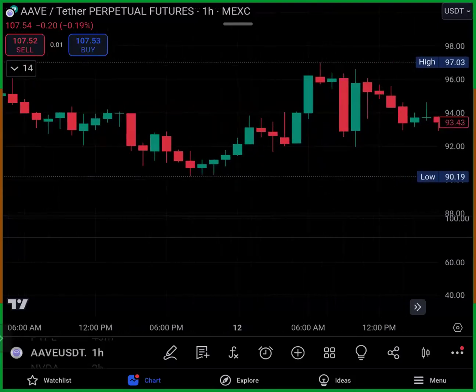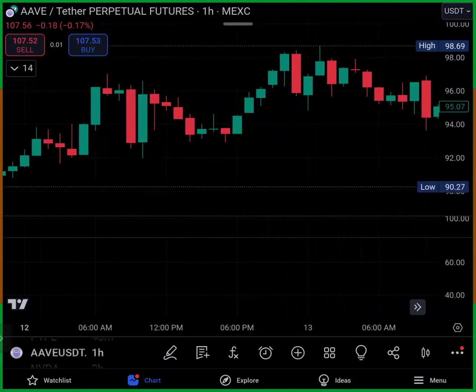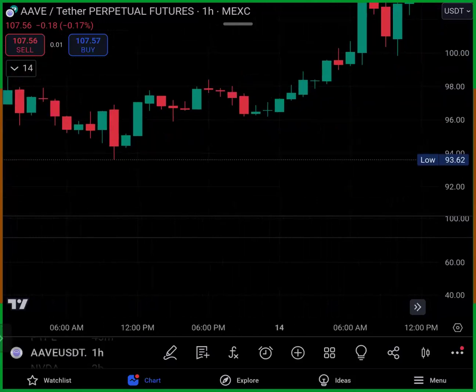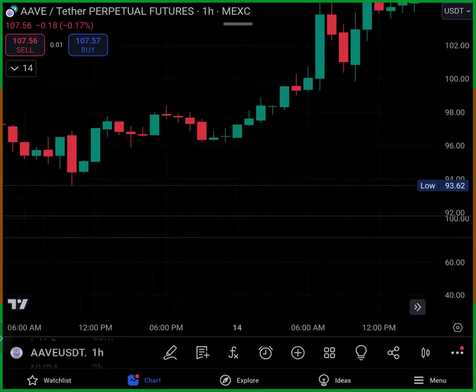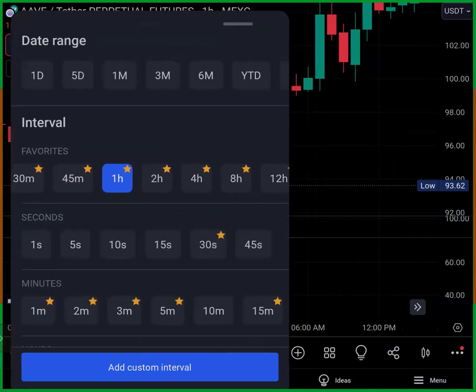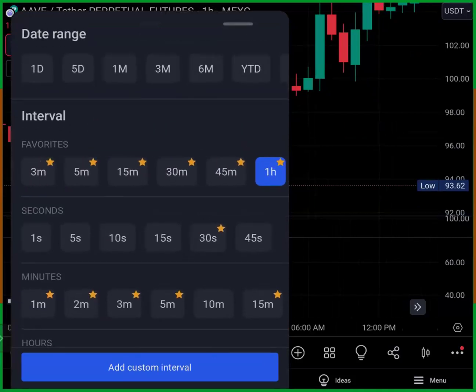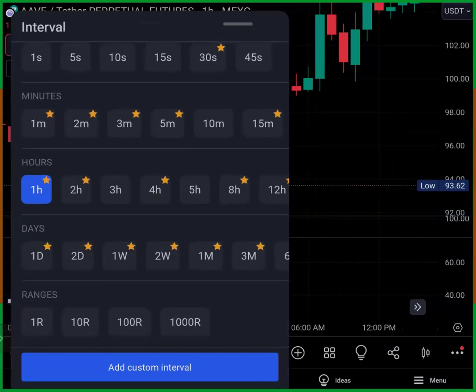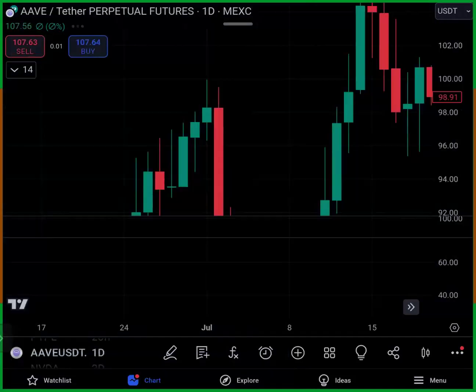We need that dragon doji. Where are you at? Let me go to a bigger time frame, like the daily. All right, let's go ahead and look.